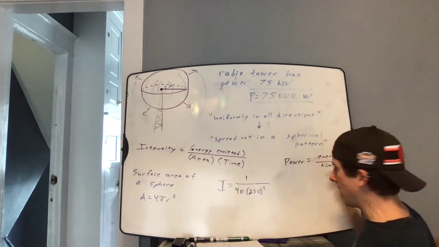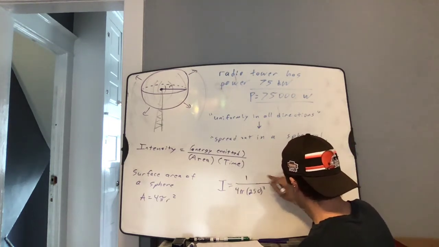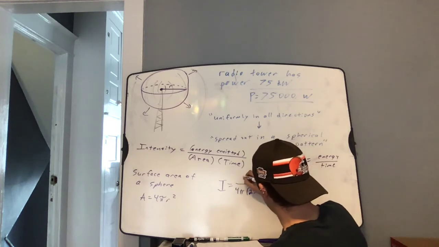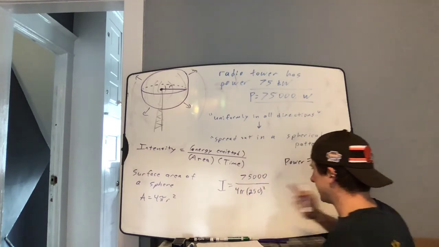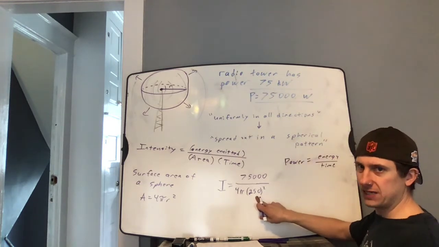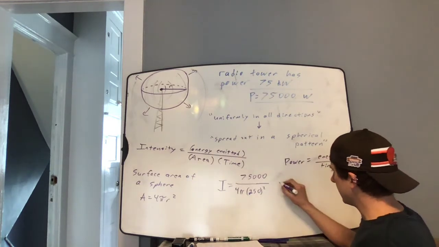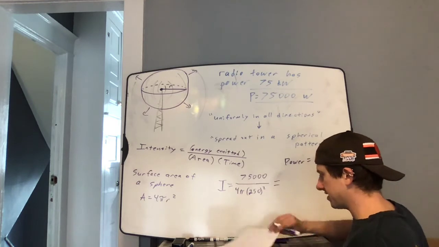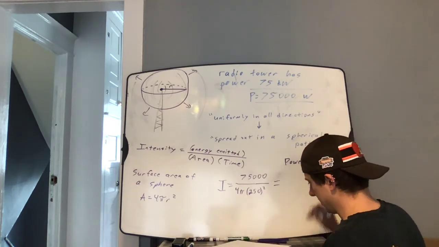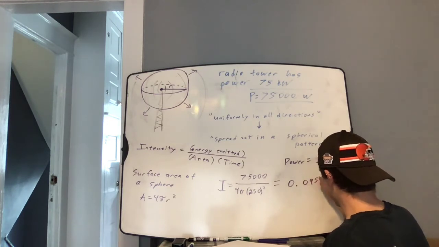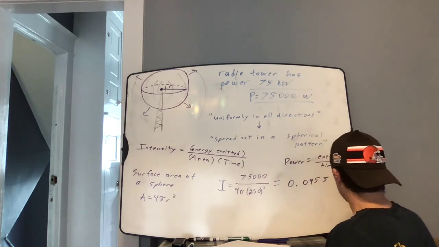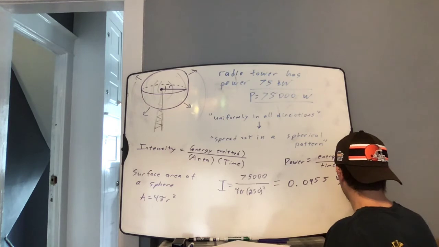Energy over time is power, so that would be times 75,000 watts. And I find at a distance of 250 meters away from the radio tower, the intensity of that signal is 0.0955 watts per square meter.